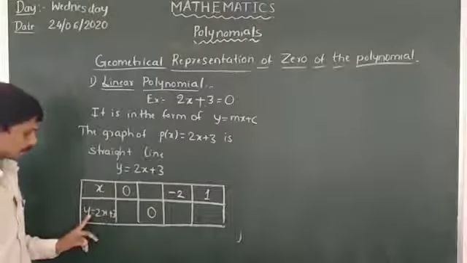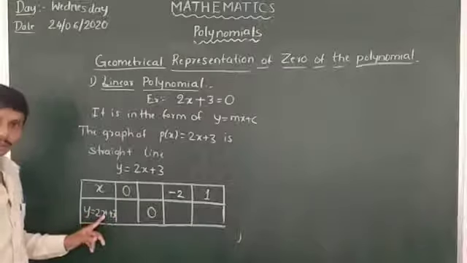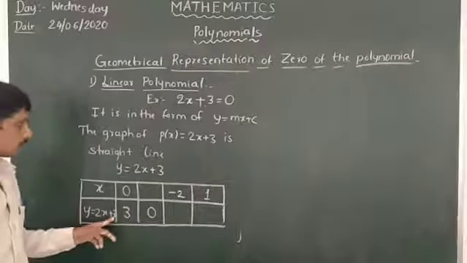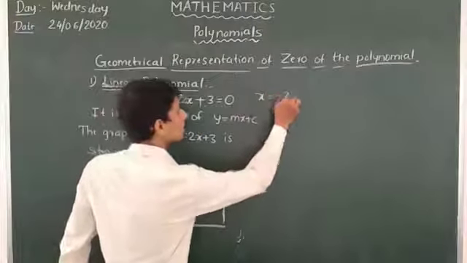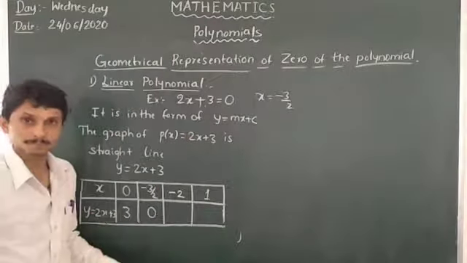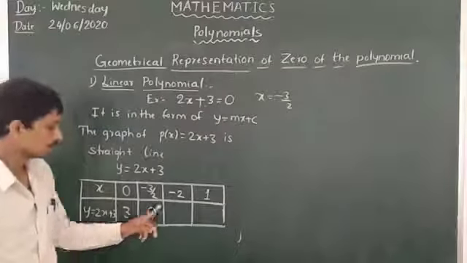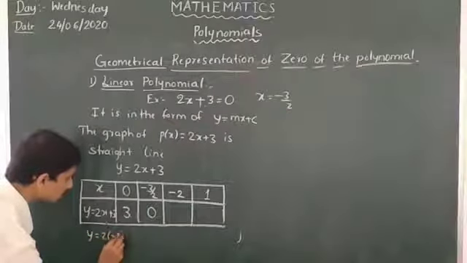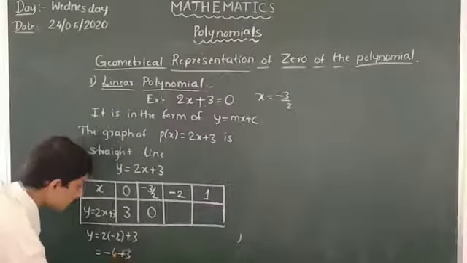So here, if we substitute x is 0, what do we get? 2 into 0 is 0, and 3 remains. Then y is 0 gives x is equal to minus 3 by 2, that means minus 1.5. If we substitute minus 2, y is equal to 2 into minus 2 plus 3, which is minus 4 plus 3, equal to minus 1.